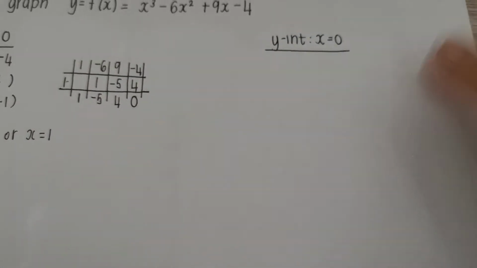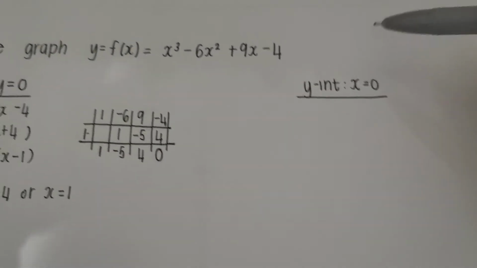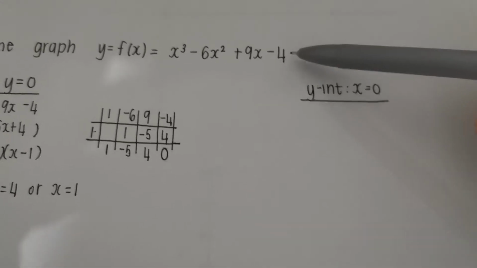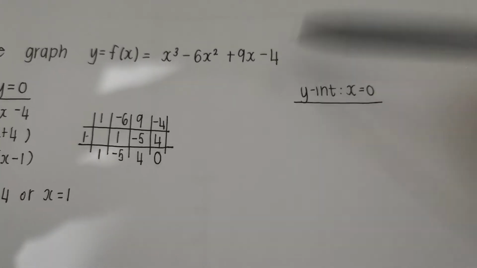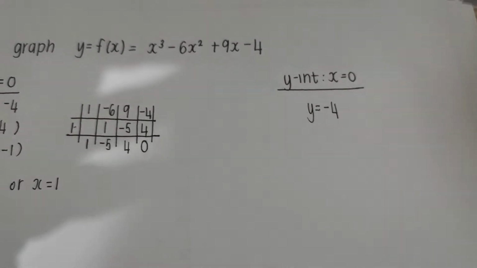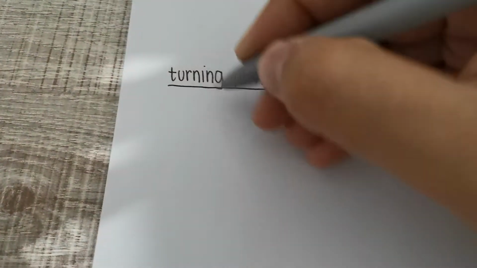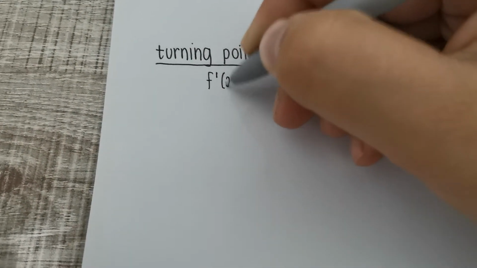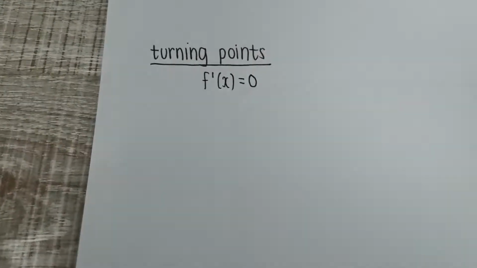The y-intercept is where x is equal to 0. You can show the whole substitution if you want to. I explained it earlier. It's basically the d value, so y is equal to negative 4. Then to find my turning points, I said it's where my first derivative is equal to 0.